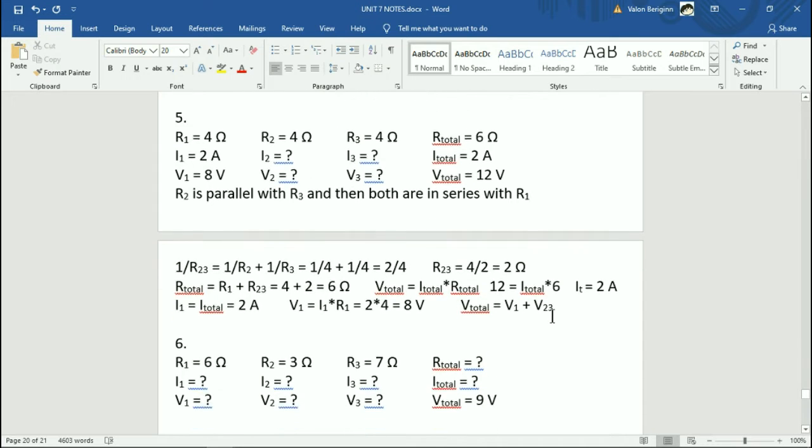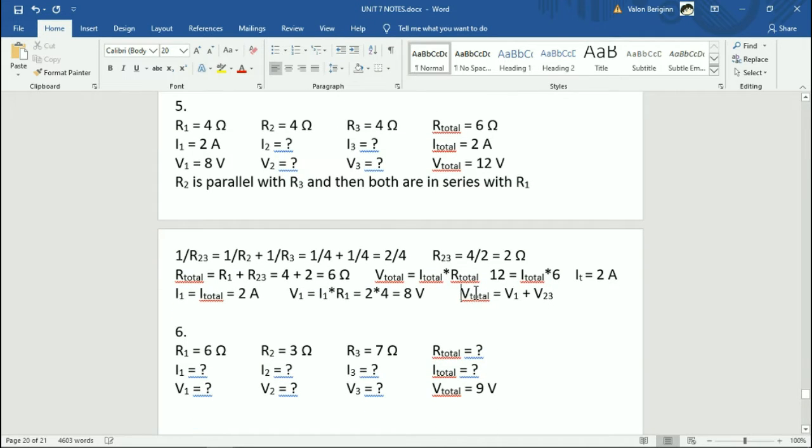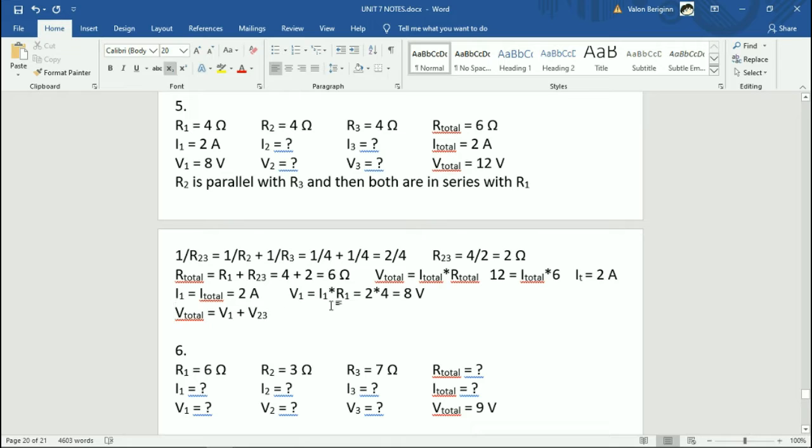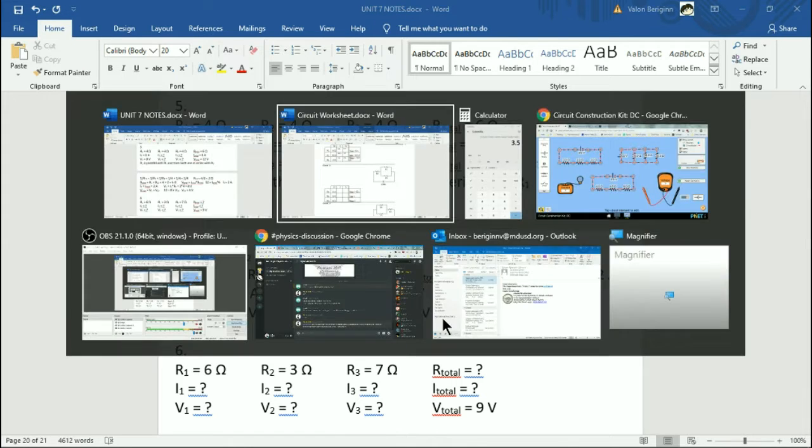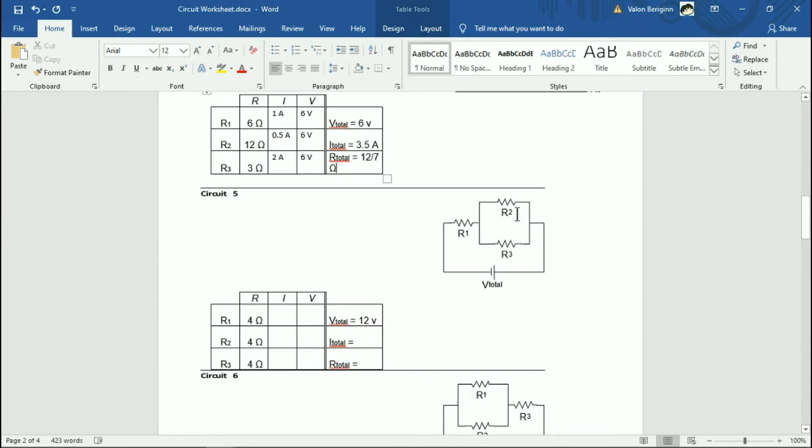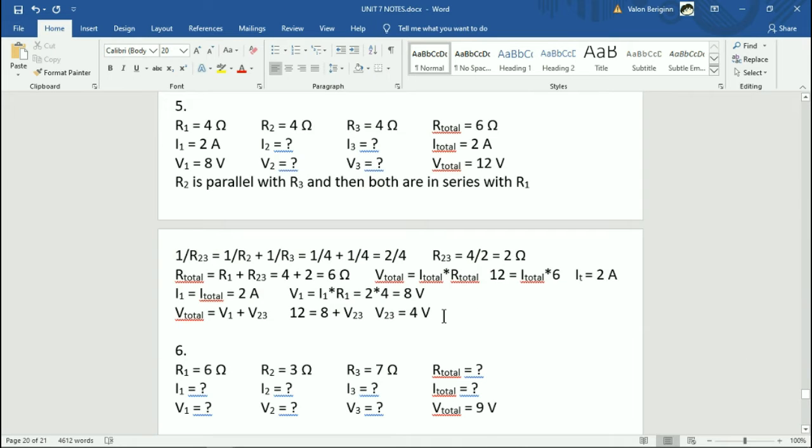Now, what is V23? Well, V total is 12, and V1 we just solved for is 8. So therefore, V23 equals 4 volts. In other words, these two together have a voltage of 4.